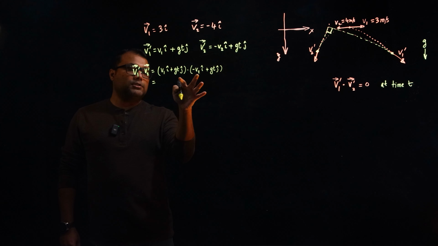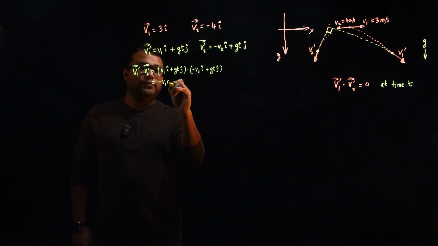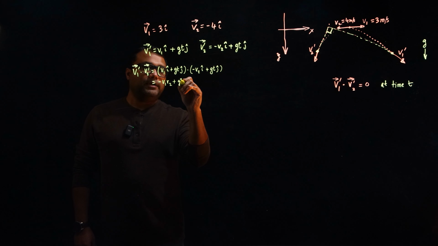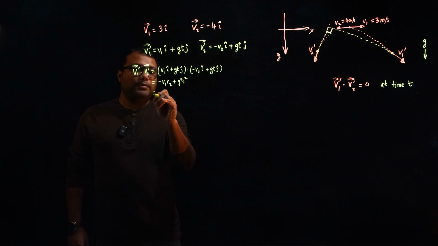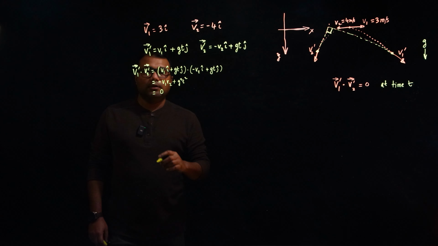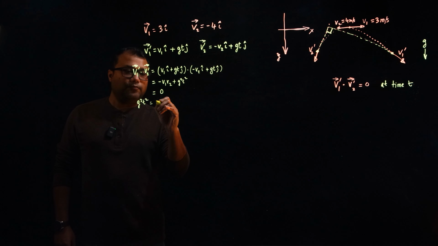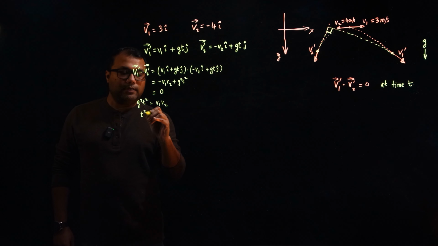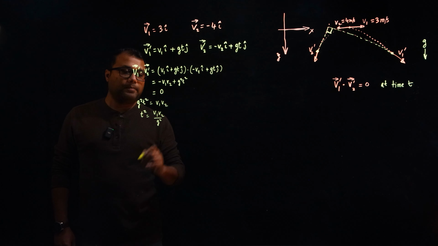For dot products, we just multiply the i's, so minus v1 v2, and we multiply the j's, plus g square t square. This should be equal to 0 because that's the condition of two vectors being perpendicular. So g square t square is v1 v2, or t square is v1 v2 by g square.